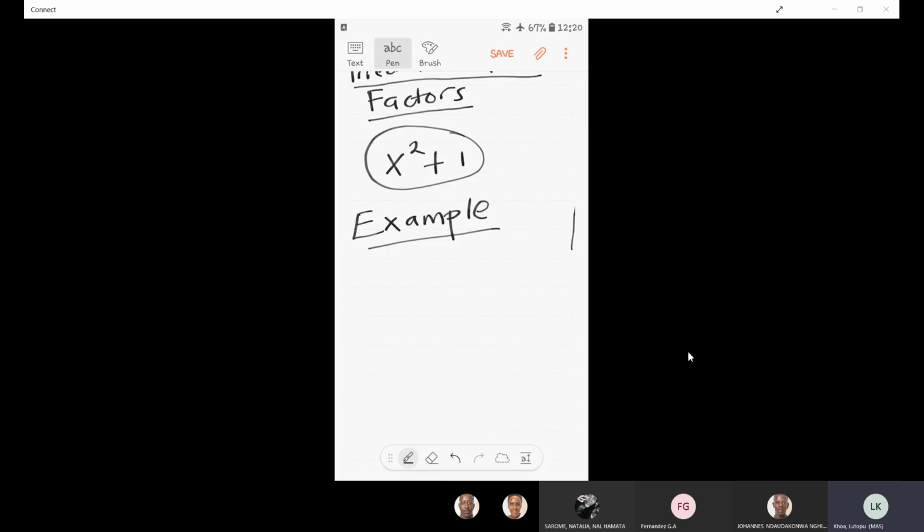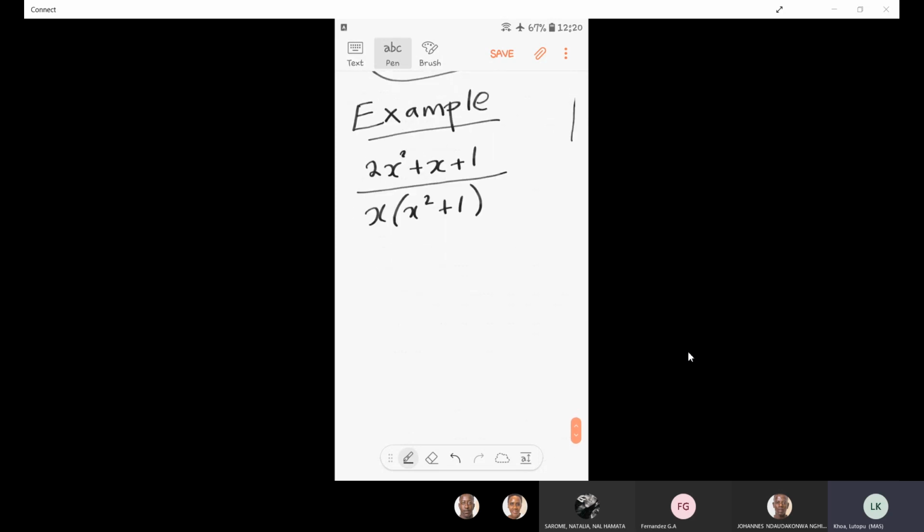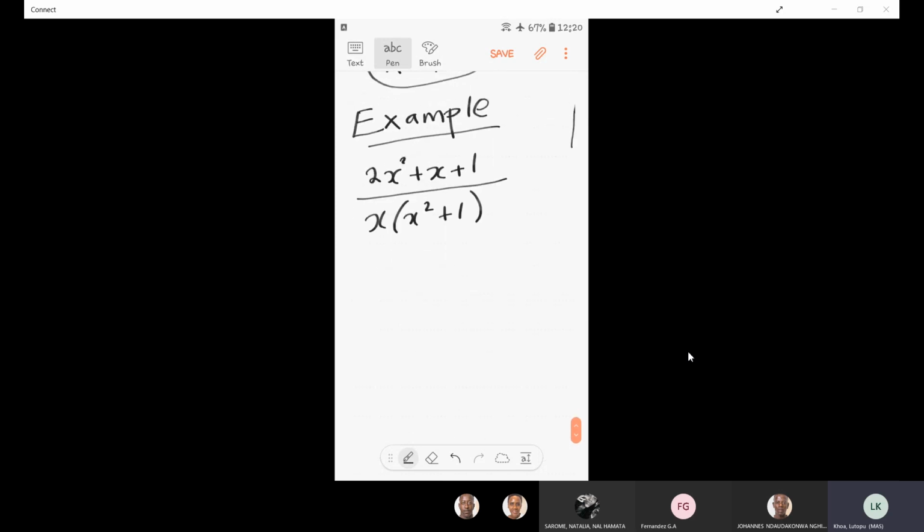Okay, so let's say I have 2x squared plus x plus 1 over x times x squared plus 1. Now this one I have to decompose. The denominator is factorized as far as possible. You cannot factorize it anymore. This one over here is a linear factor, and we know how to work with that one.